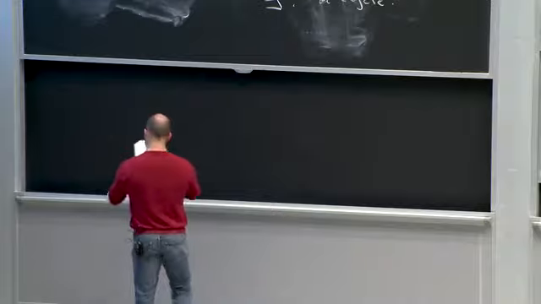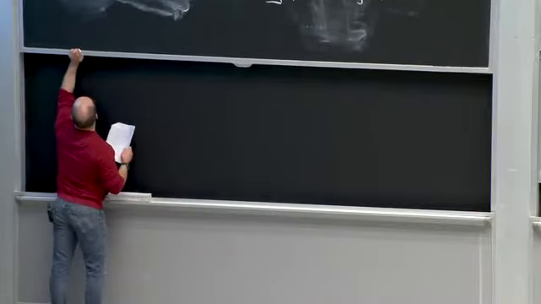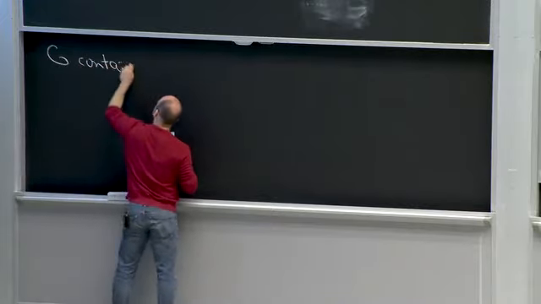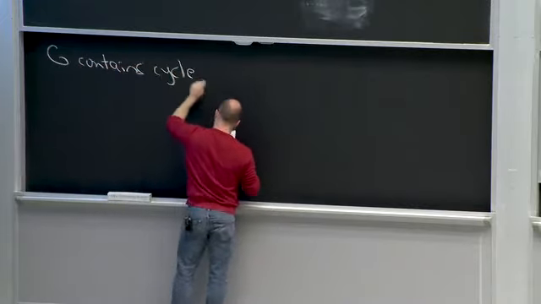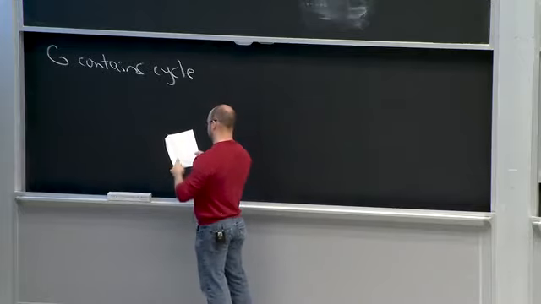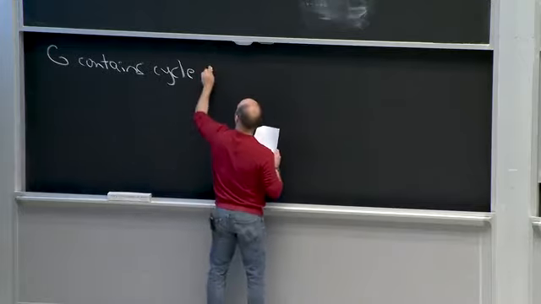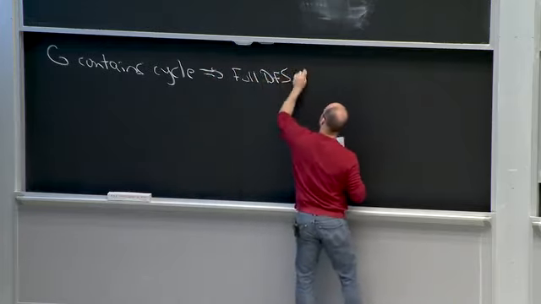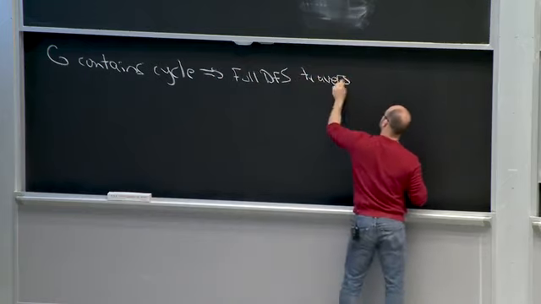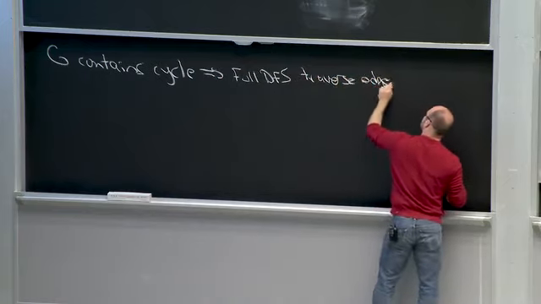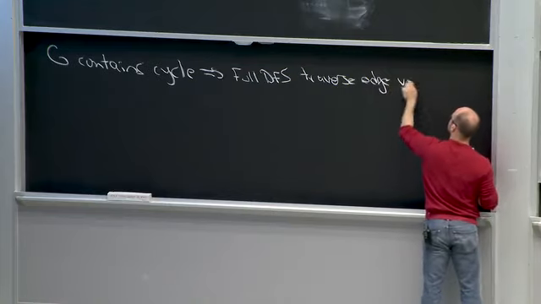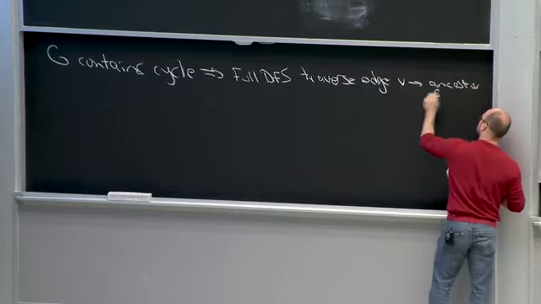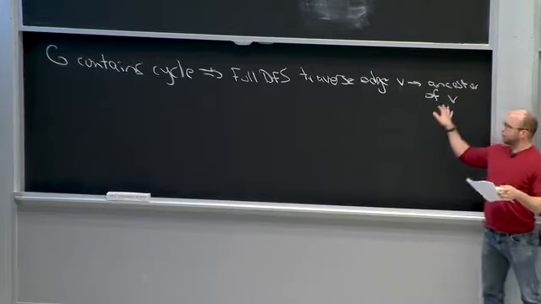And here's the property that we're going to use to do that, which is the following: if G contains a cycle, then full DFS will traverse an edge from a vertex V to some ancestor of V. I guess we haven't carefully defined the term ancestor here.